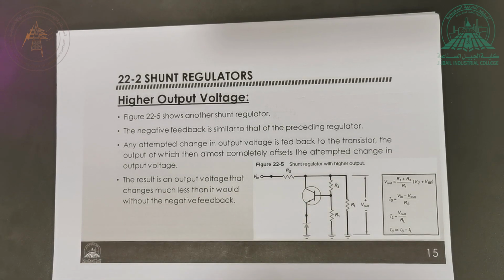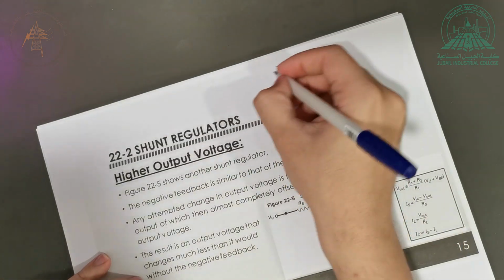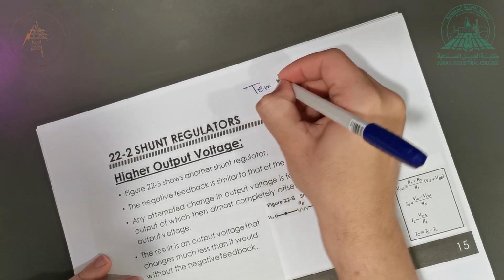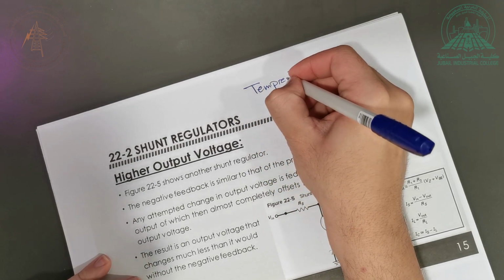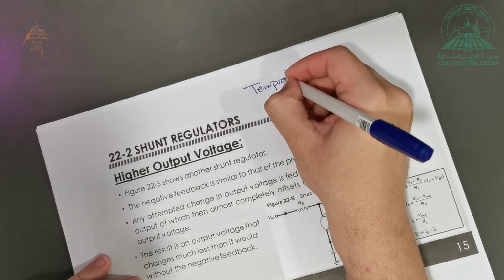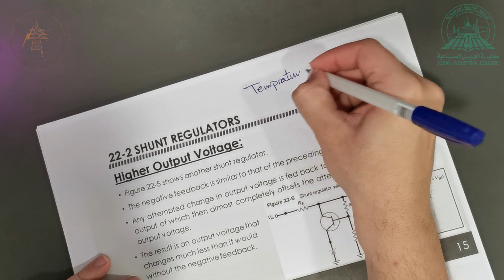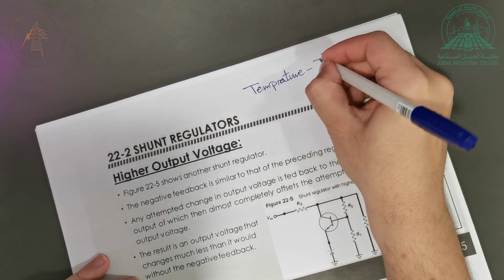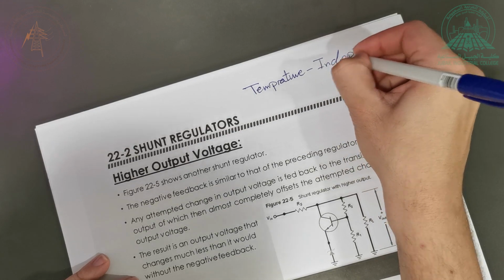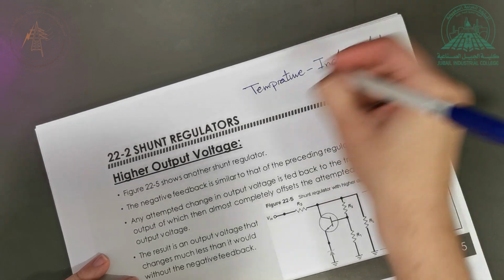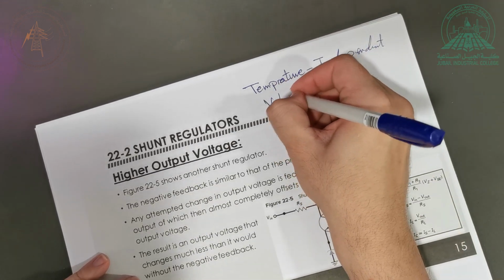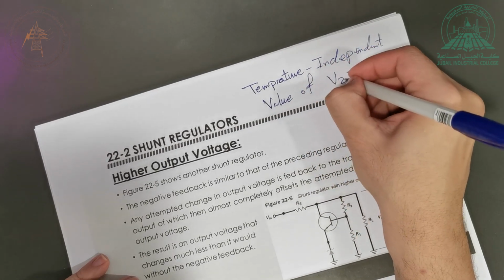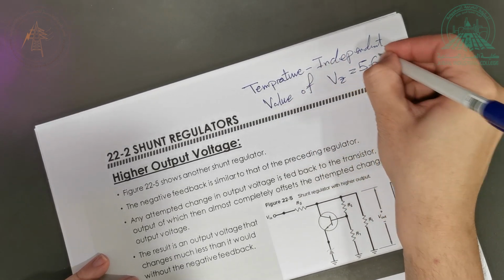dependence issue. We said that the temperature independent value of Vz is 5.6 volt.